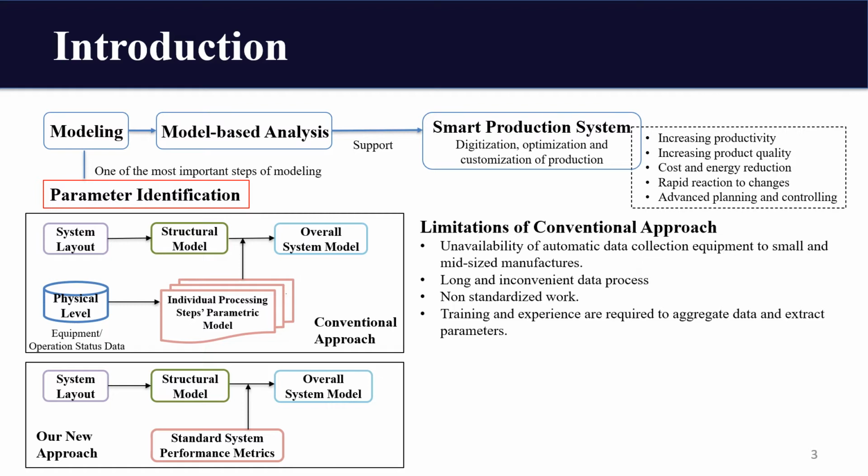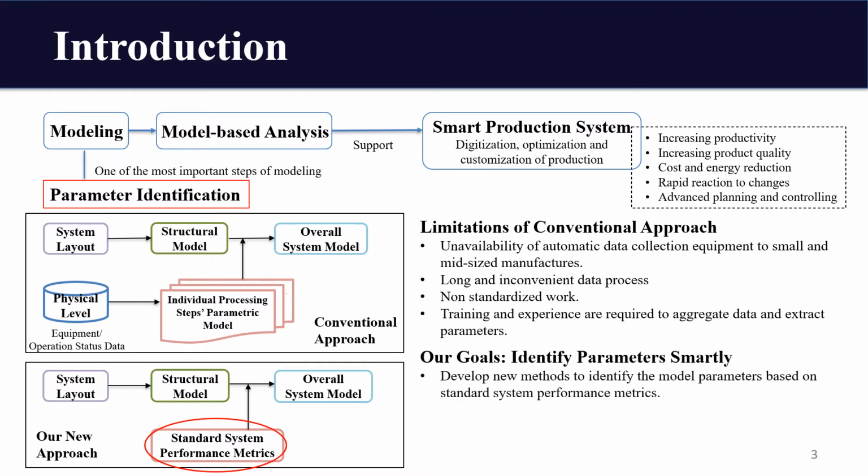In our new approach, we use standard performance metrics to identify machine parameters instead of those non-standard data. So, our goal is obtaining the parameters which are the best match with the system performance metrics.